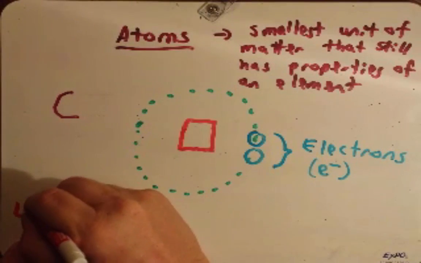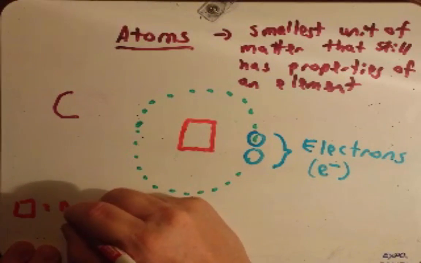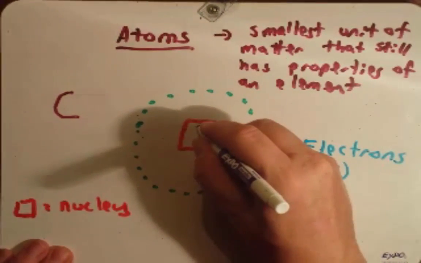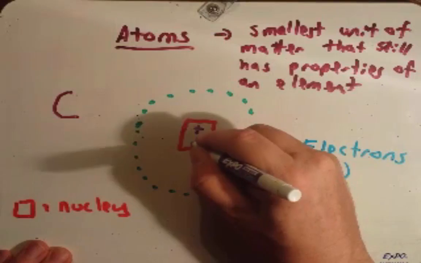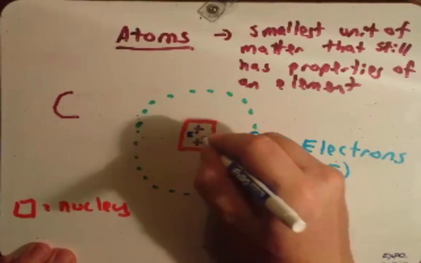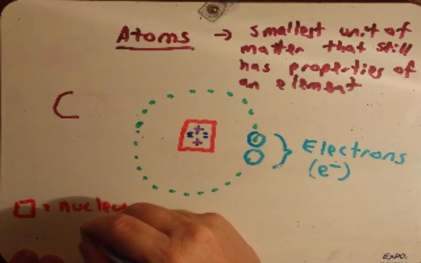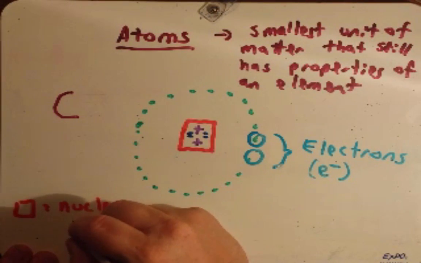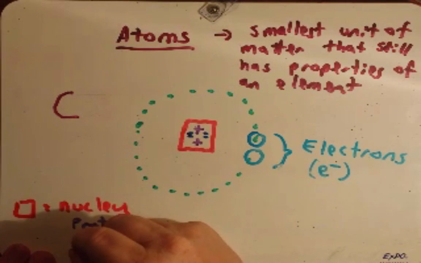So over here I'm just going to draw a square, and that equals nucleus. Within this nucleus are protons and neutrons. I'm going to show the protons as plus signs and the neutrons as equal signs. So the nucleus, I would write down here, contains protons and neutrons.